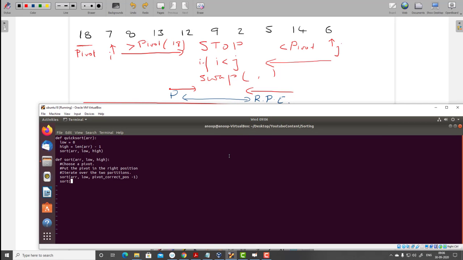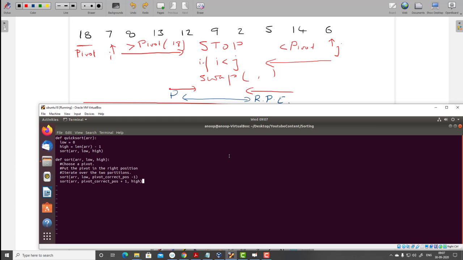So sort array, pivot correct pos plus 1. This is the low, and what is the high here? The high is high, right? We have got the high anyway.